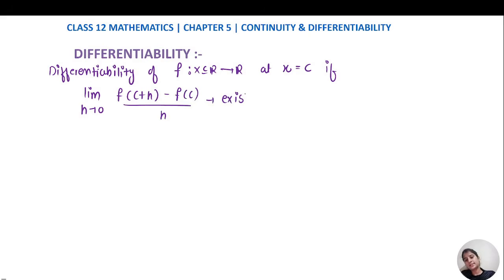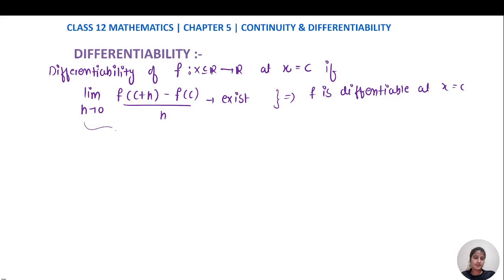If this limit exists, then we say our function is differentiable at x equals c.